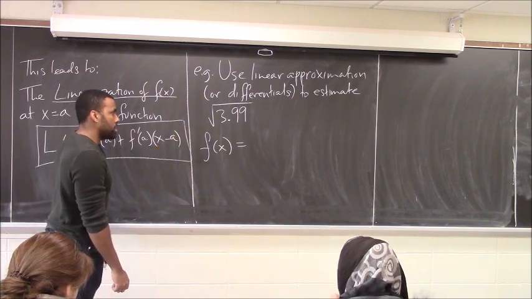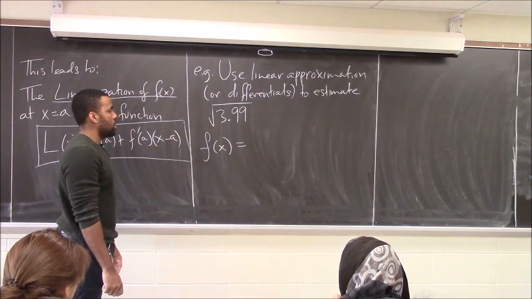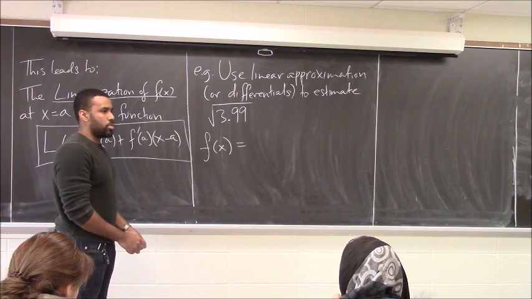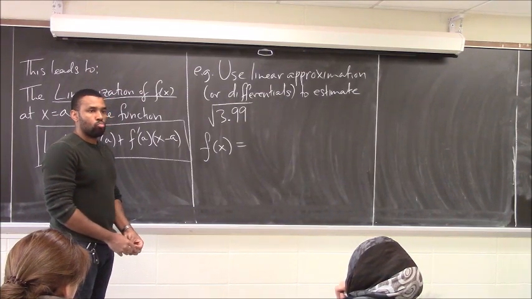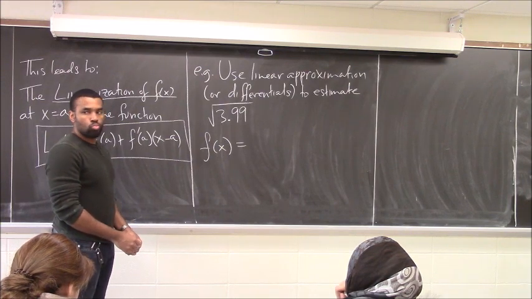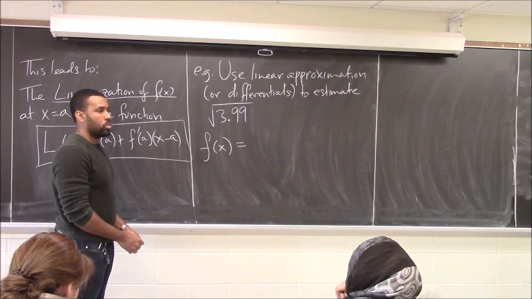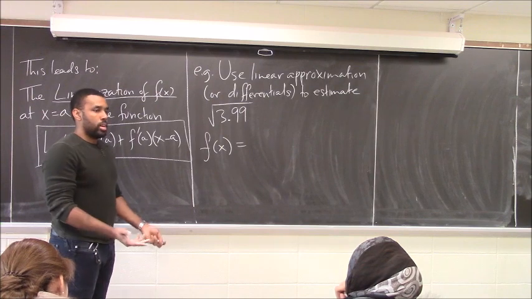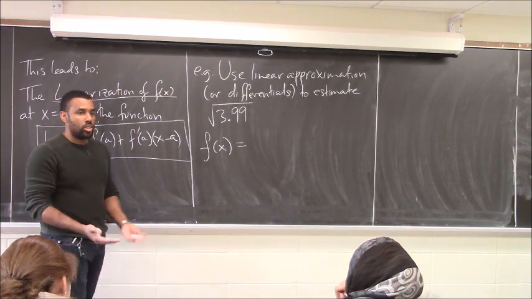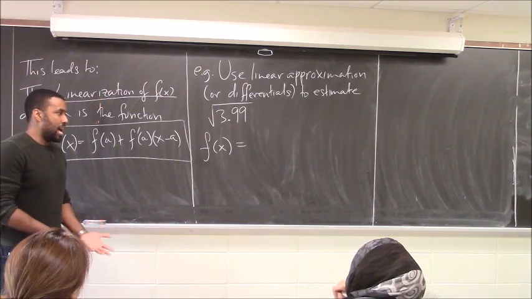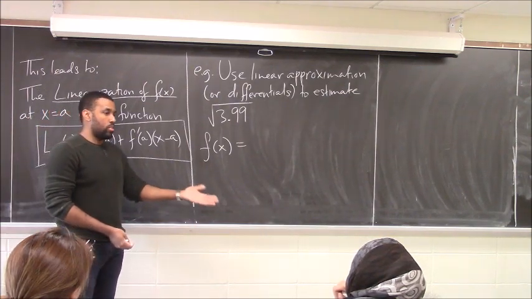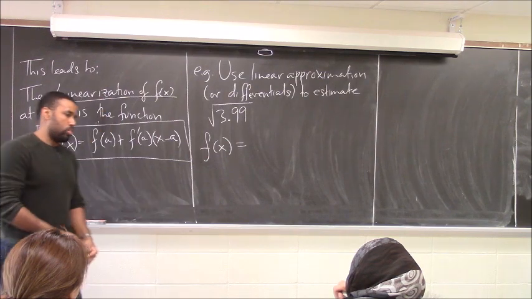Now if we want to find the square root of 3.99, what would you think a nice function to use would be here? Yes? The square root of x. Square root of x, right? If I think of the function square root of x, to find square root of 3.99, I can simply think of that as evaluate the function square root of x at the point where x equals 3.99.